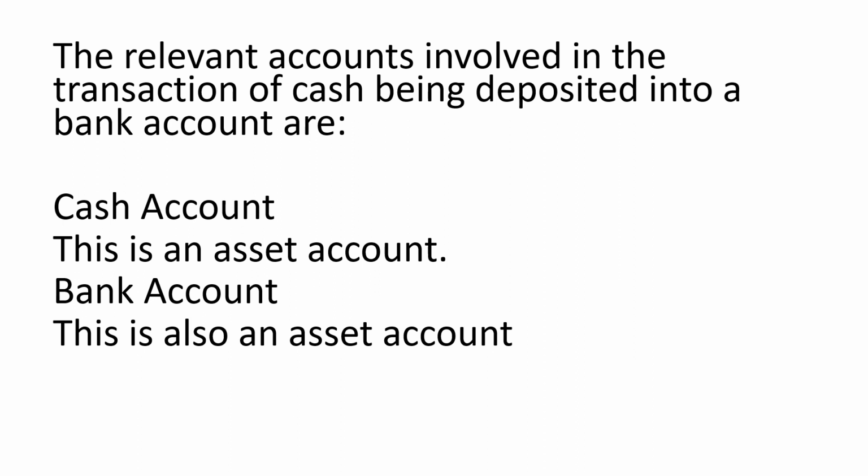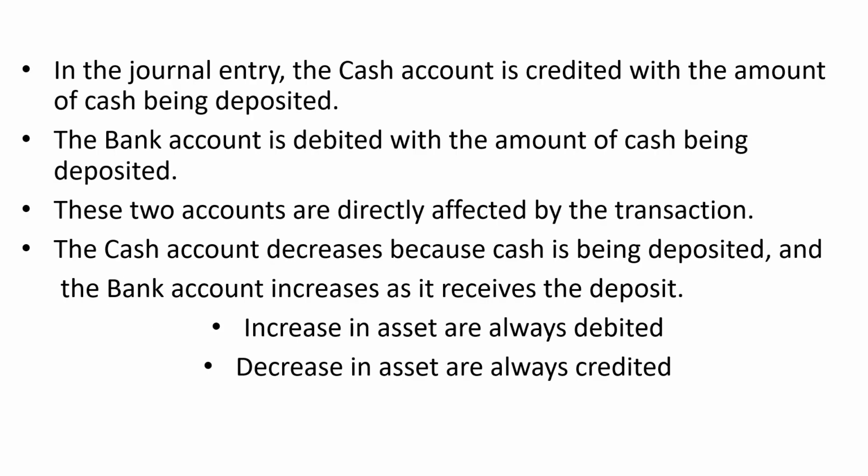Cash comes under asset account, bank also comes under asset account. So in the journal entry, you have credited the cash because the cash is going out of the business and it is being deposited in the bank. So the business finds that there is a decrease in the asset because cash account is an asset account.